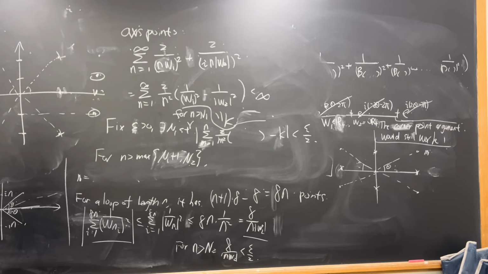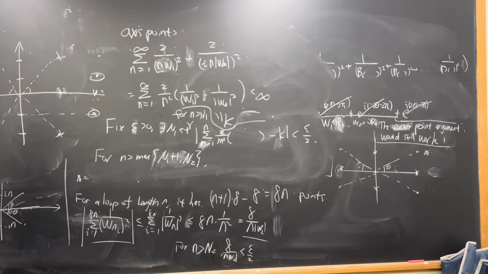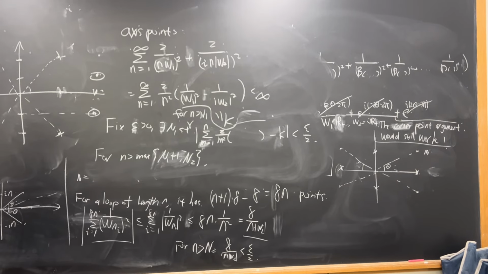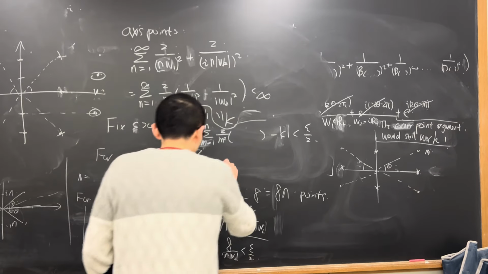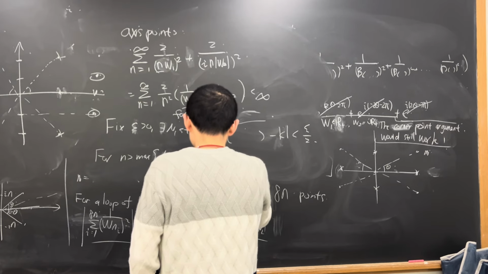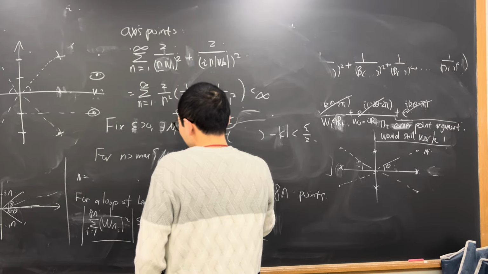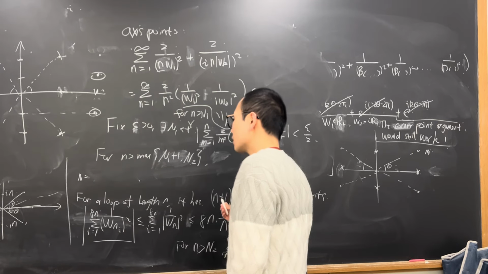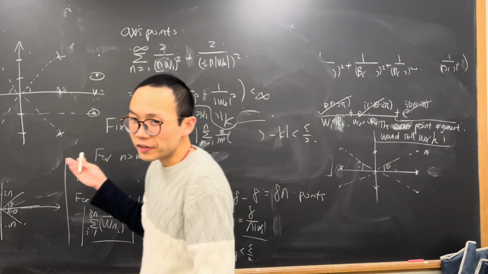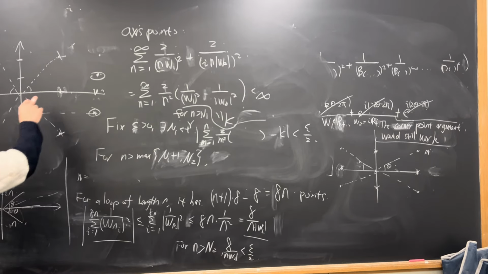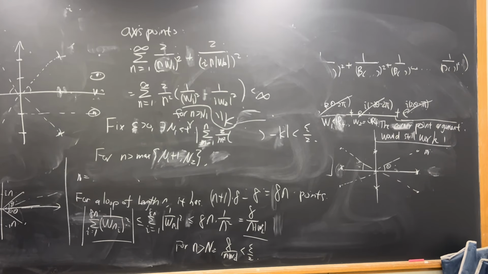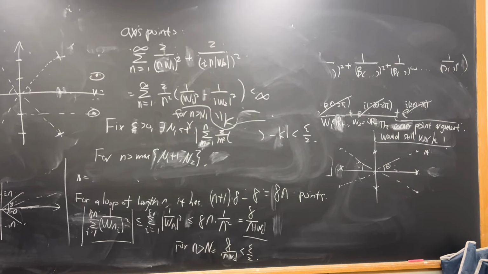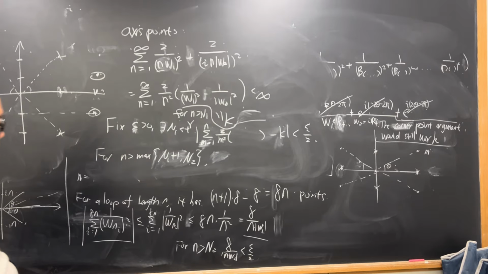So we want to find a way to convert this loop argument to the actual point argument, right? Because we want to find the index.